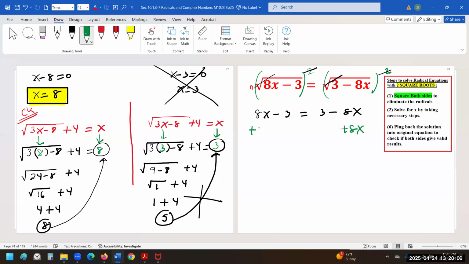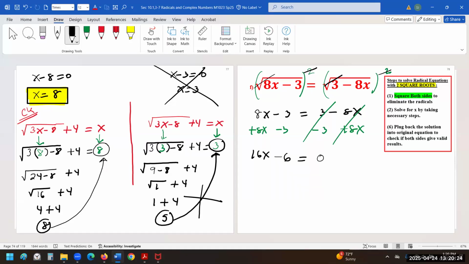Add 8x and subtract 3. So 0 equals minus 6.